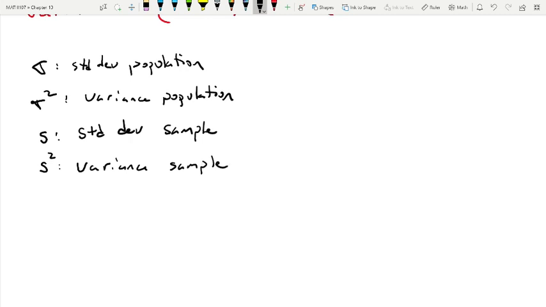And then the other symbols we use: mu is the mean for a population, and x bar is the mean for a sample.